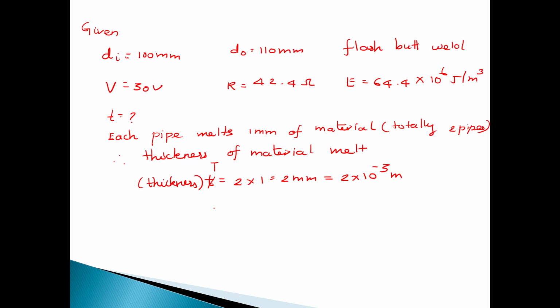So we have the equation Q equal to area into thickness into energy. Area is pi by 4 into outer diameter minus inner diameter, that whole squared, into thickness T, into energy.